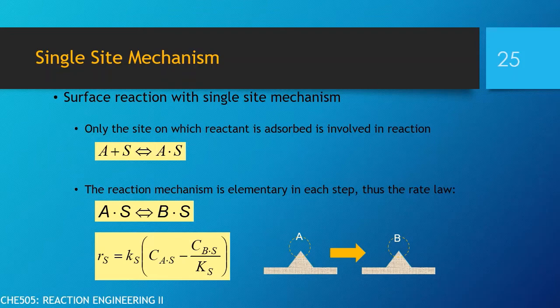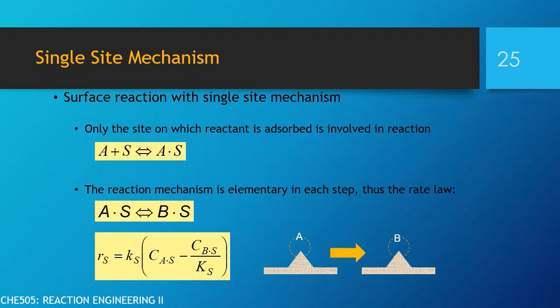From here, the mechanism shows that the reaction is a reversible reaction. Therefore, write the net rate of surface reaction. But remember, in surface reaction, it can be reversible or irreversible, so it depends on the properties of the reaction. You need to be aware that only adsorption and desorption reactions are always reversible. But for surface reaction, it can be reversible or irreversible.